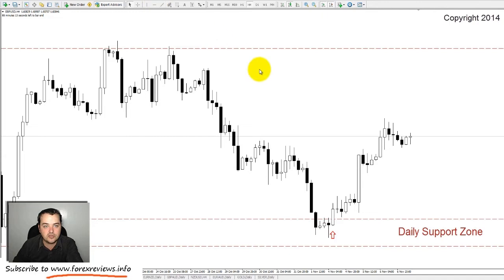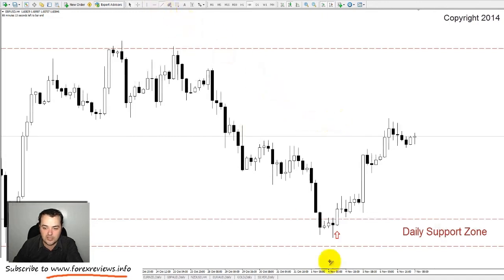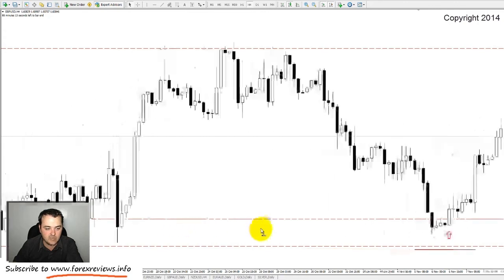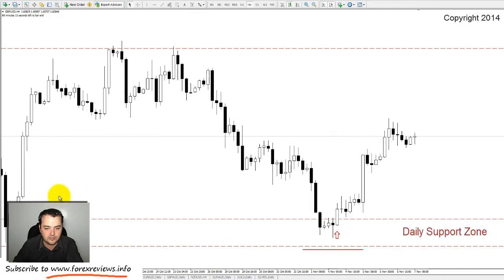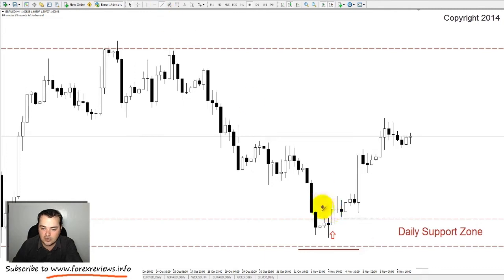So in this situation, for a buy trade, we would place our stop below the support zone, the confirmed daily support zone, as you can see, looking left. You would enter after the engulfing candle, just a couple of pips, 4 or 5, in the direction of where you believe the market's going.